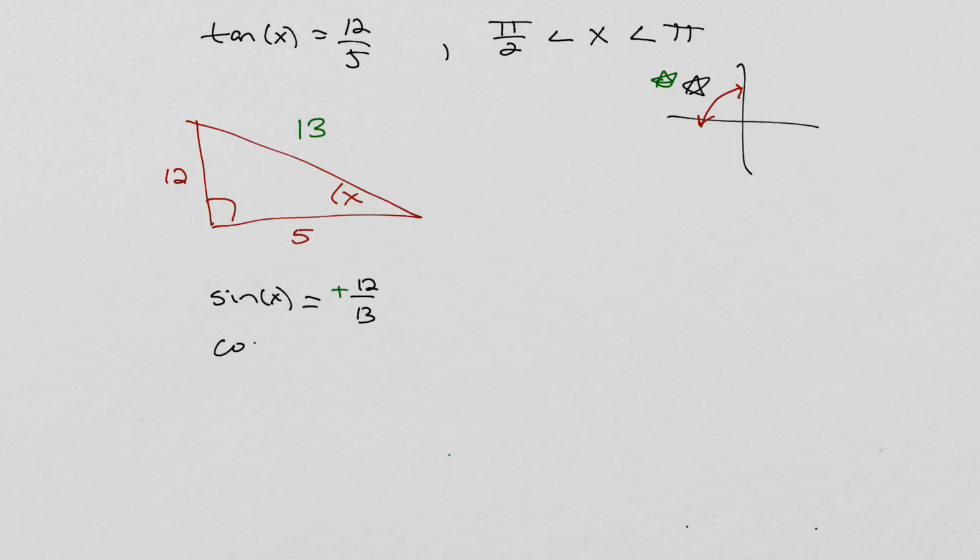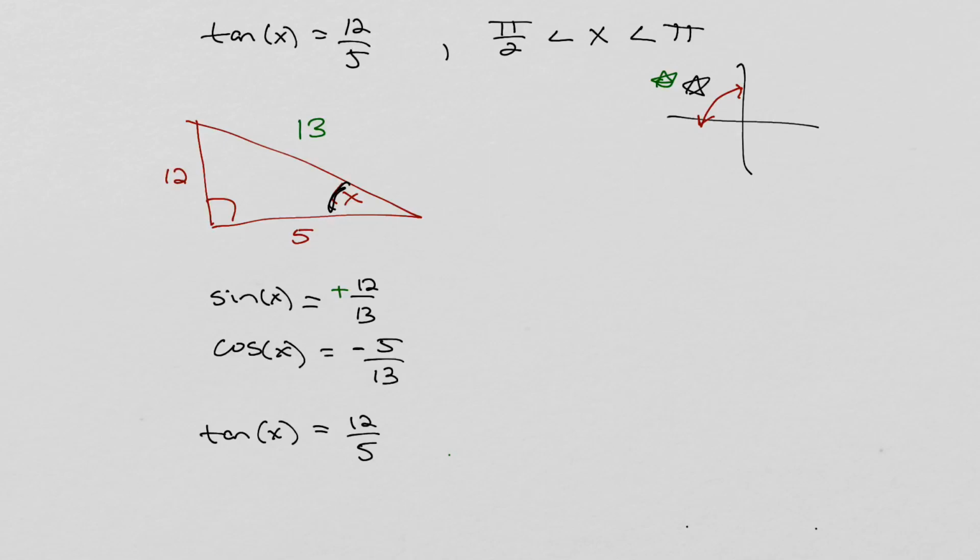If I want cosine of x, here's my angle x, it's the adjacent side over the hypotenuse, and if I put the right plus or minus sign here in quadrant 2, cosine's negative. Tangent of x is supposed to be the opposite over the adjacent, so that's going to be 12 over 5.